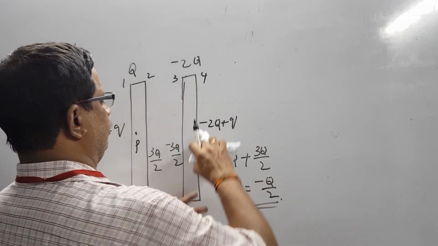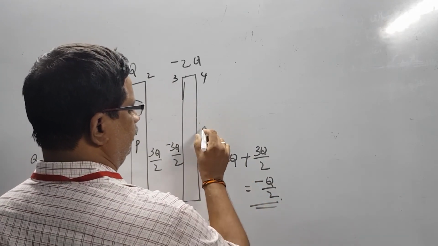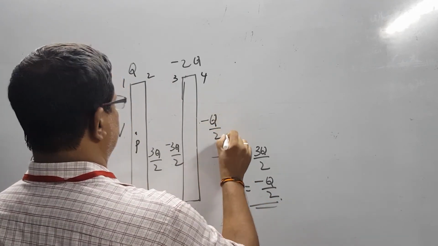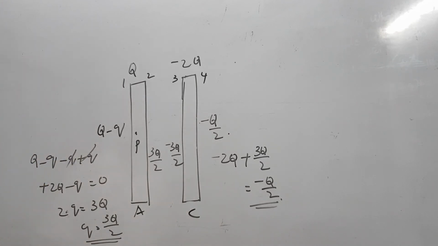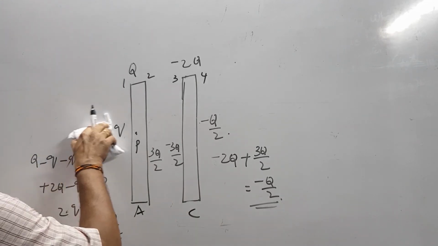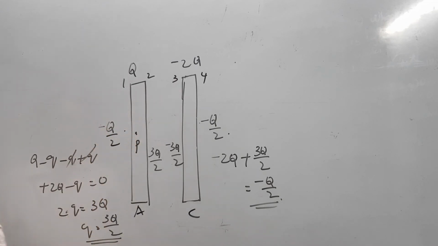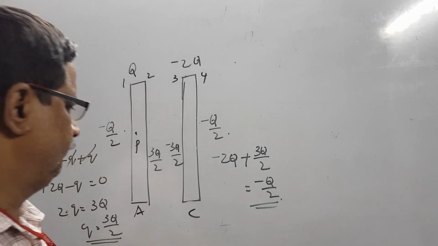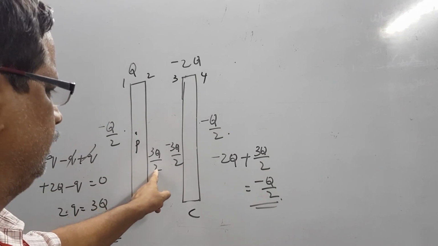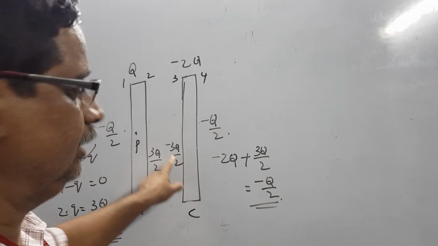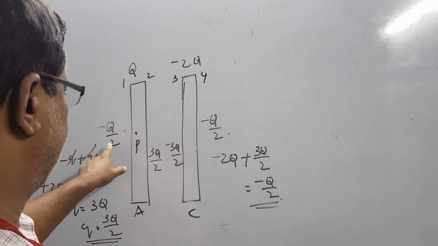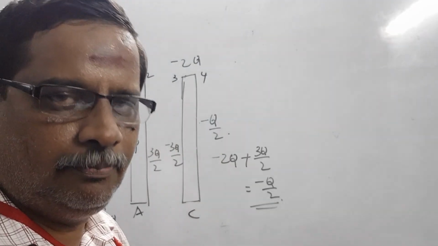So the charge appearing on this surface will be minus q by 2. And what is the charge appearing here? That is also minus q by 2. So the facing surfaces will have charges which are equal in magnitude and opposite in sign, and the two outer surfaces will have charges of equal magnitude.